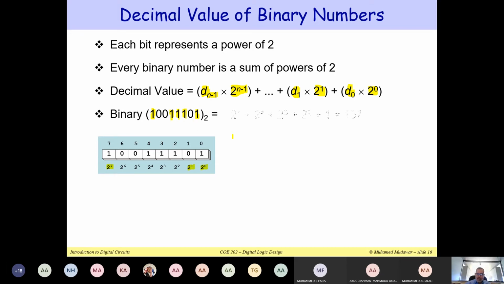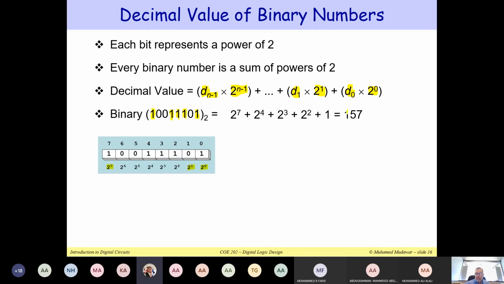If I do the math, 2 to the power 7 is 128, 2 to the power 4 is 16, 2 to the power 3 is 8, this is 4 plus 1, you get 157. So this number here, which is shown in binary, has the decimal value 157.